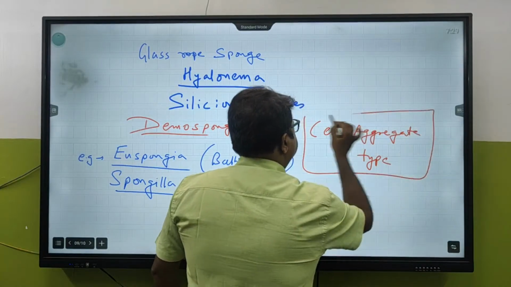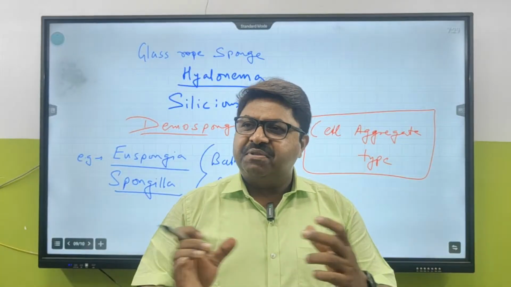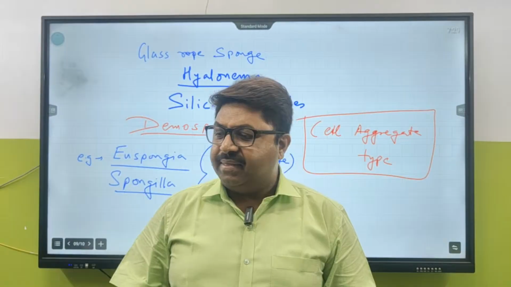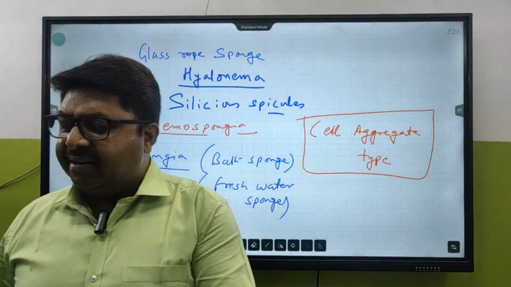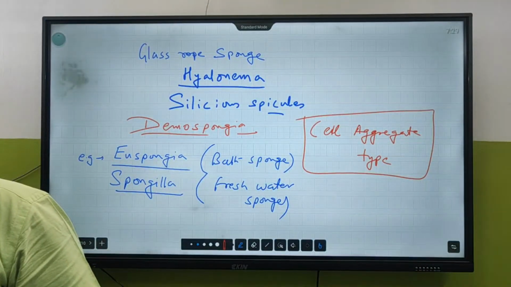Is this clear? Because they show cellular level of organization. They don't have interaction between cells, though they are multicellular. So they have cell aggregate type of body plan. Any issues? Great.